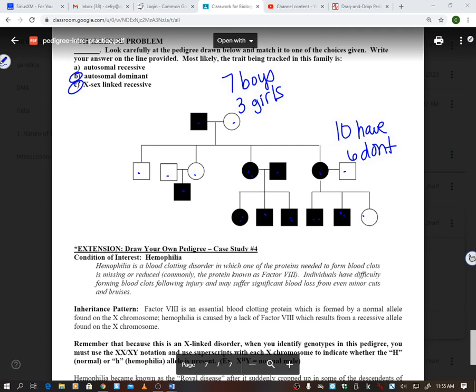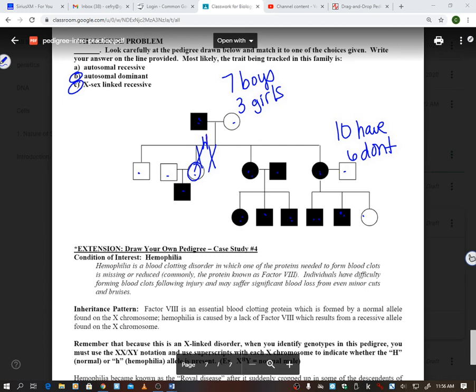Now, I almost feel like it's sex-linked dominant, although I'm trying to see, it cannot be sex-linked dominant because, remember, when we do sex-linked, it's on your X chromosome. A girl, the circle, would have XX. So dad would have to give her that.